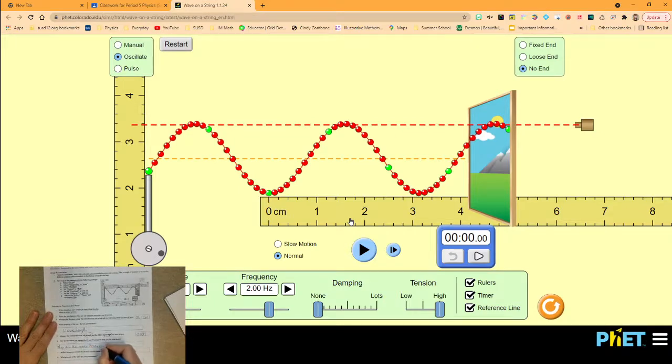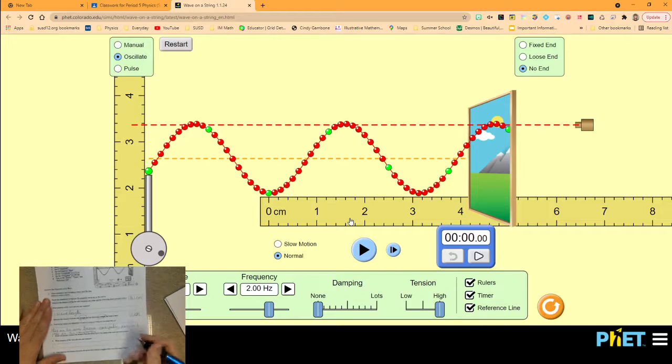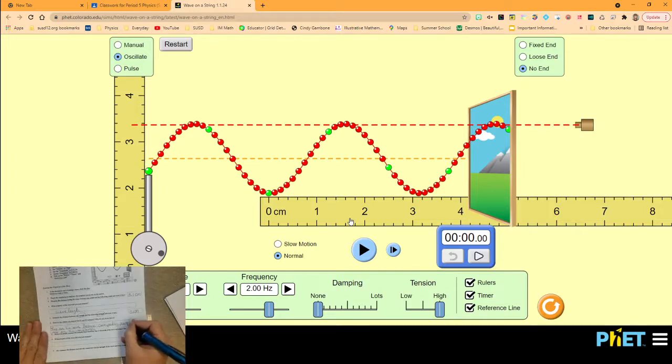Because corresponding points on a wave are the wavelength. I should say the distance between corresponding points. The distance between corresponding points on a wave is the wavelength.